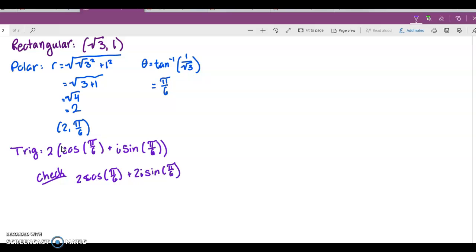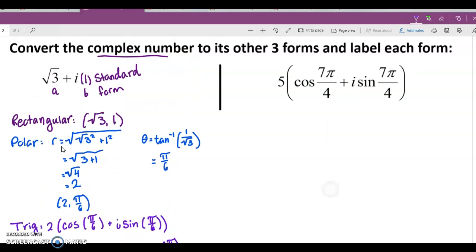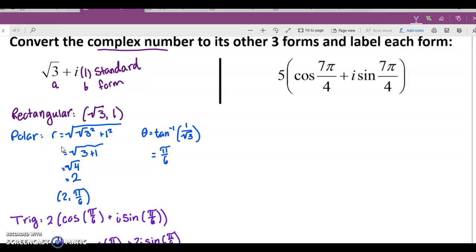We know that cosine of pi over 6 is root 3 over 2. Plus 2 times i times sine of pi over 6, which we know is 1/2. Cancel, cancel, cancel, cancel. Root 3 plus i, which was our original answer in standard form. So, there's that.